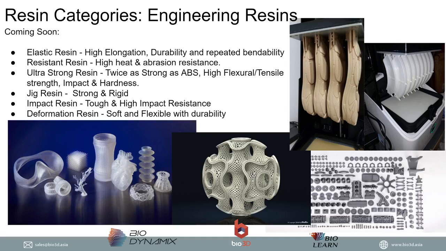So it can withstand repeated deformations, and it again returns back to its original shape. So what you'll find is a lot of these resins are starting to have this memory-like property about them, which I think is quite interesting, which means that you don't have to chuck out parts as often as you used to, because they will return back to their original shape.